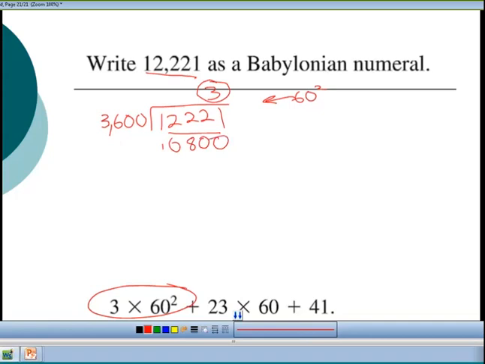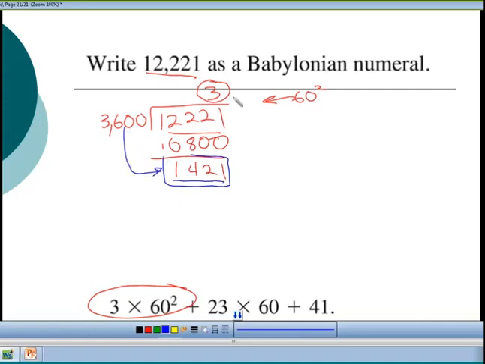And then you subtract by your 12,221, and you should be left over with 1,421. And then you have this as your remainder because 3,600 doesn't quite go in.